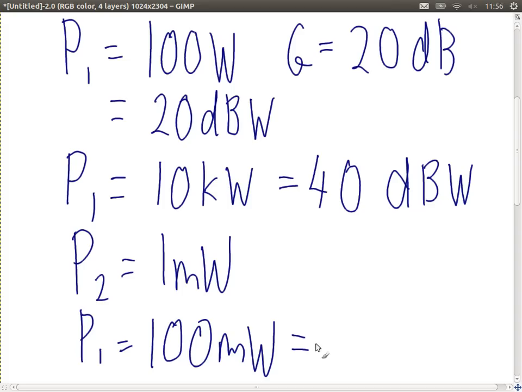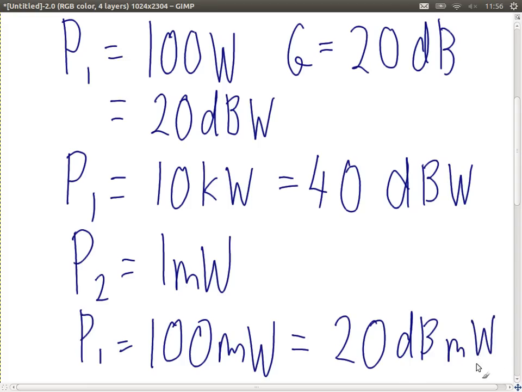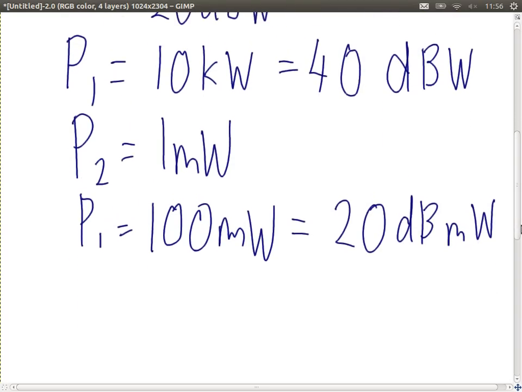So we can also write here 100 milliwatts is 20 dBmW. 20 dB relative to 1 milliwatt. And in fact, it's common not to write dBmW, but to omit the W and just write dBm. So when you see dBm, don't think of decibels relative to 1 meter, think of decibels relative to 1 milliwatt. That's the more common notation.